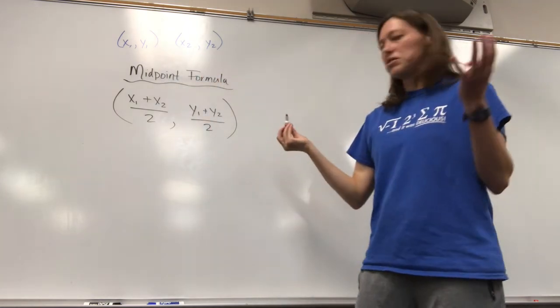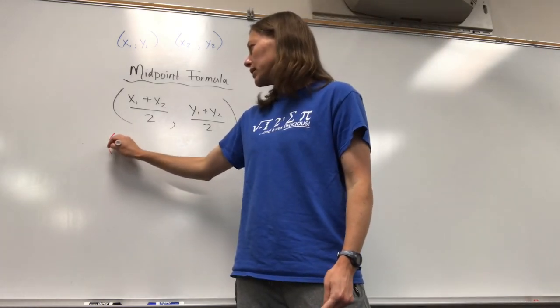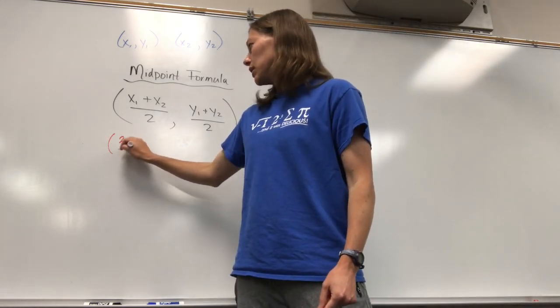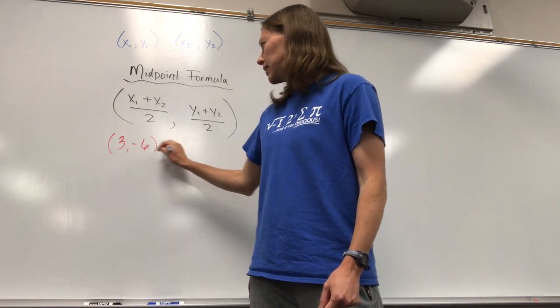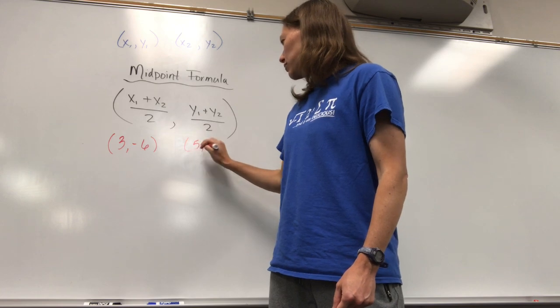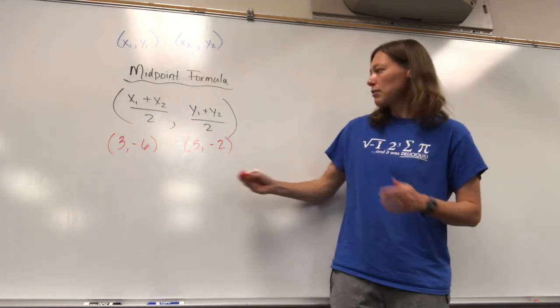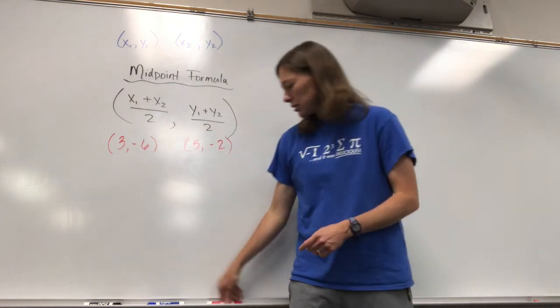All right, so we're just going to do an example. Okay, let's say we're going to find the midpoint between points 3, -6, and 5, -2. All right, so then all we have to do is we need to add the two x coordinates.